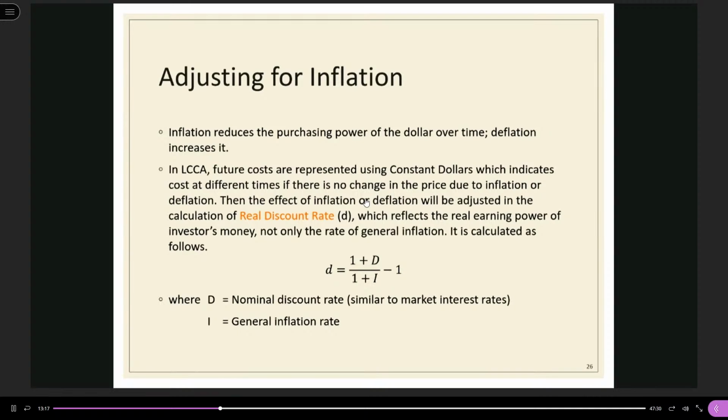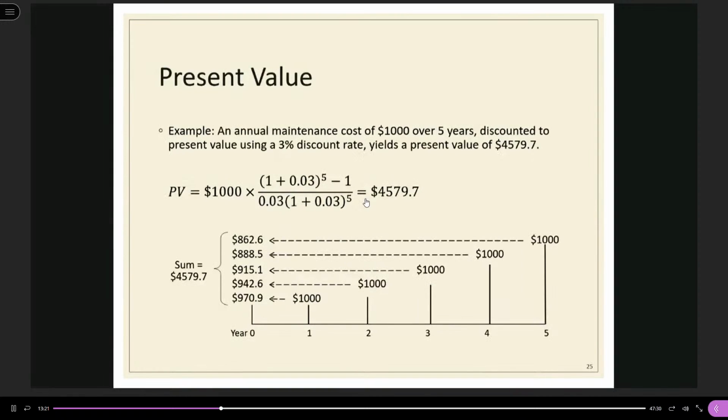So in the earlier slide, $1,000 for the first year, and also $1,000, $1,000, $1,000, and $1,000. It is because for this calculation, we assume that there is no inflation or deflation.